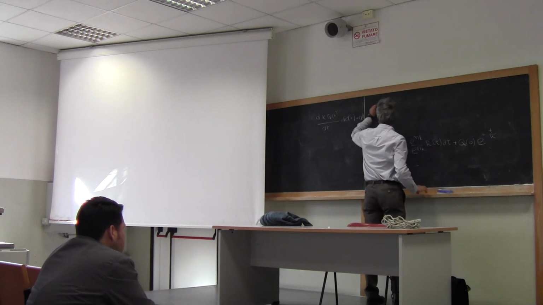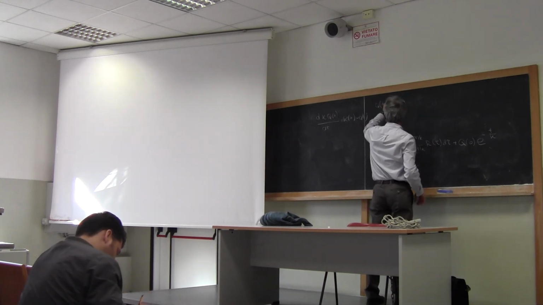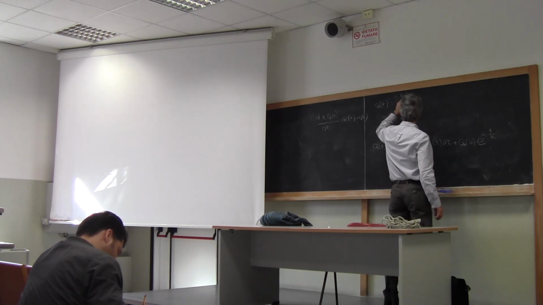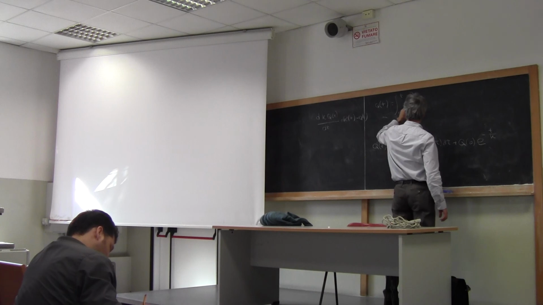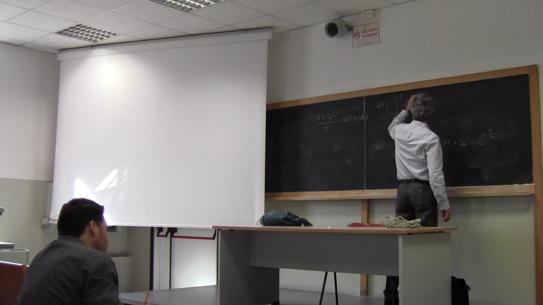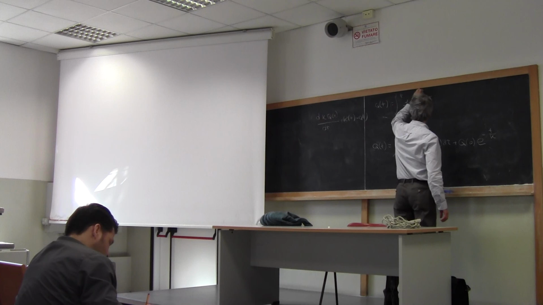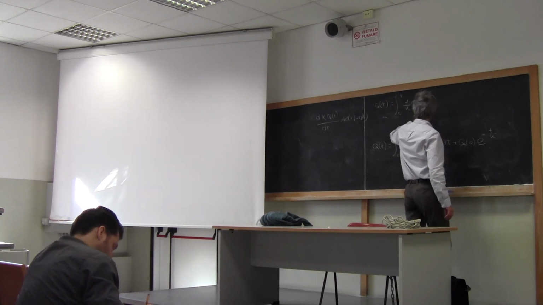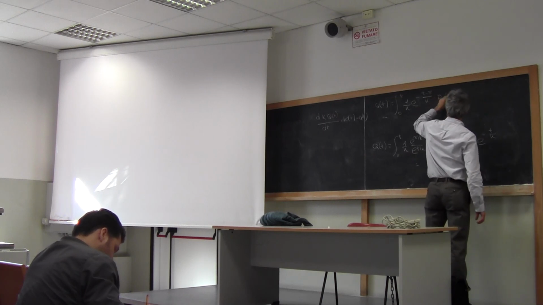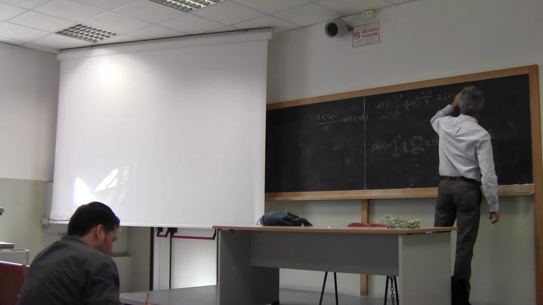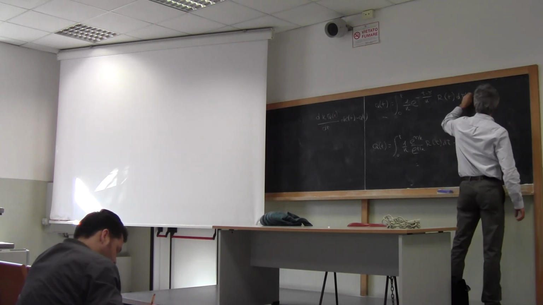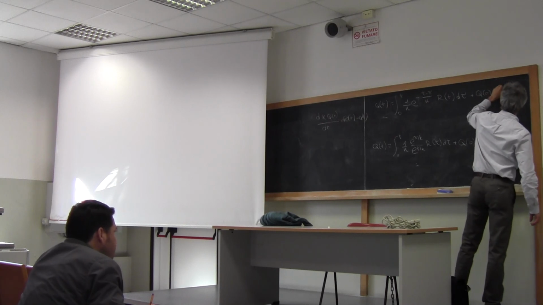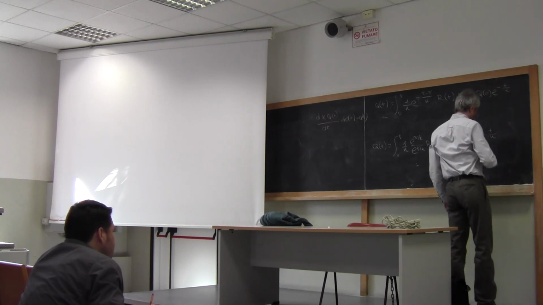I can write q_t is equal to the integral between 0 and t of 1 over k e to the power of minus (t minus tau) over k r tau d tau, plus q_0 e to the power of minus t over k. That's it.